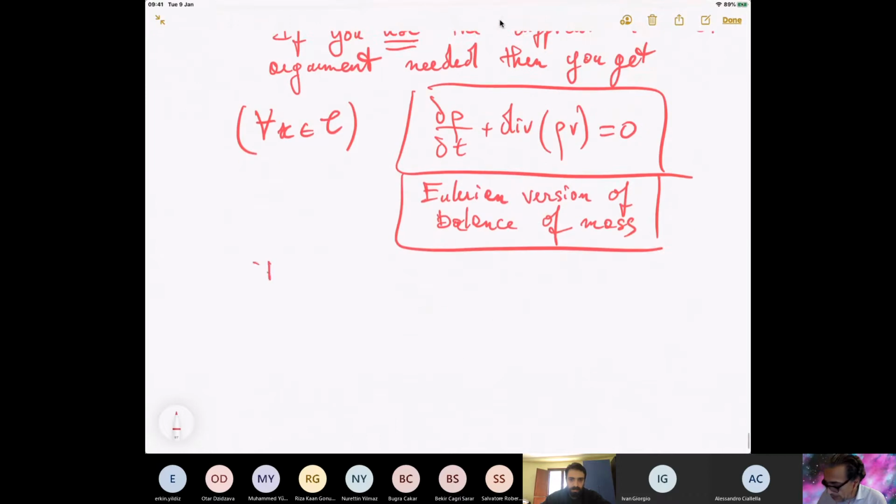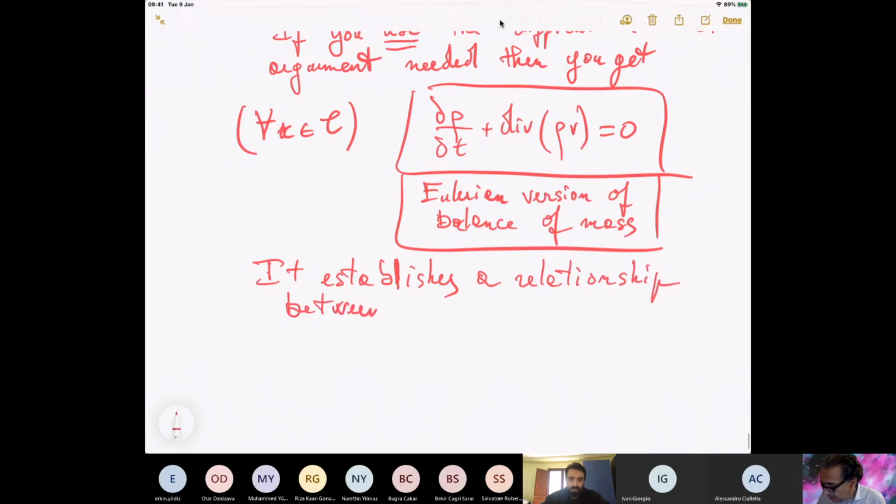It establishes a relationship between rho and v.